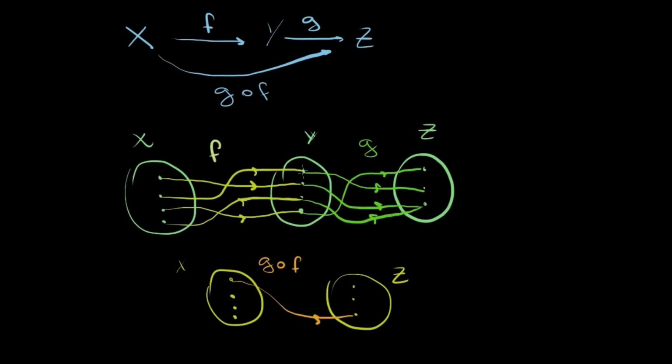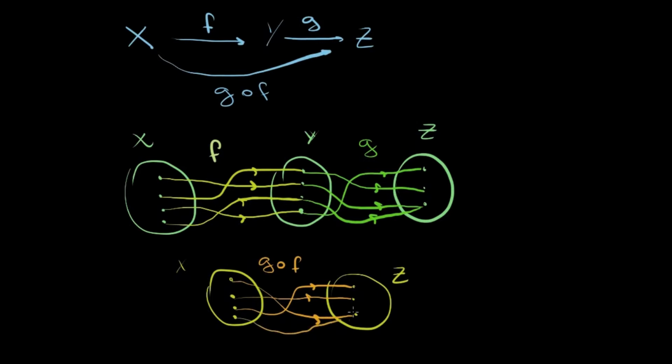F takes the second one, goes to the first one, g grabs this one and goes to the second one. So this one would go as a straight line. Then the same for this one. This goes to the last one and the first one. And the last one goes to this one in the middle and then to the last one.